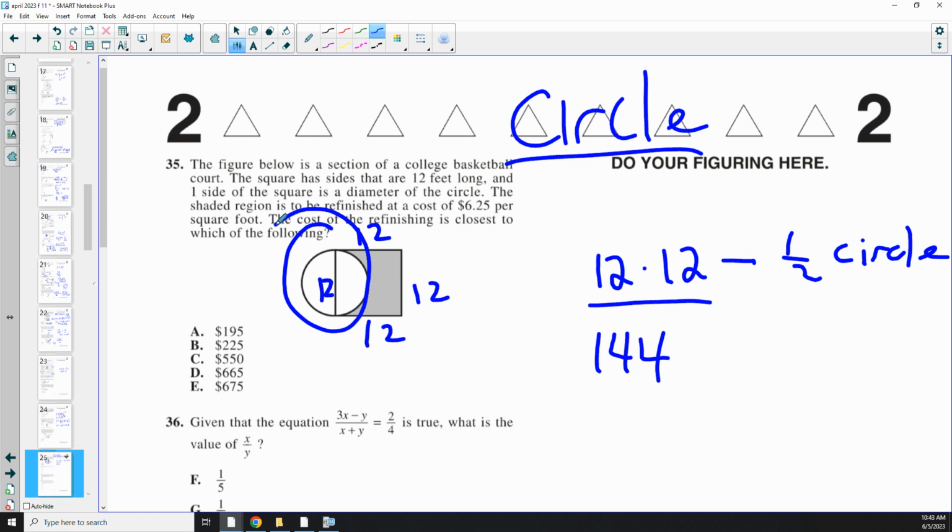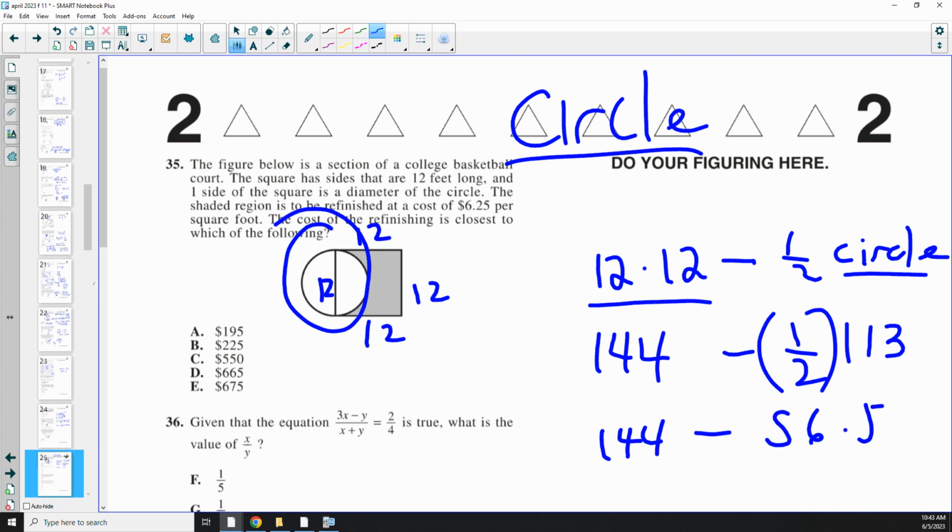And to do that, I would plug in radius of 6, and I would get about 113 for the circle. And of course, we only have half of 113, so it would be 144 minus approximately 56.5, and that gives me an area of 87.5.